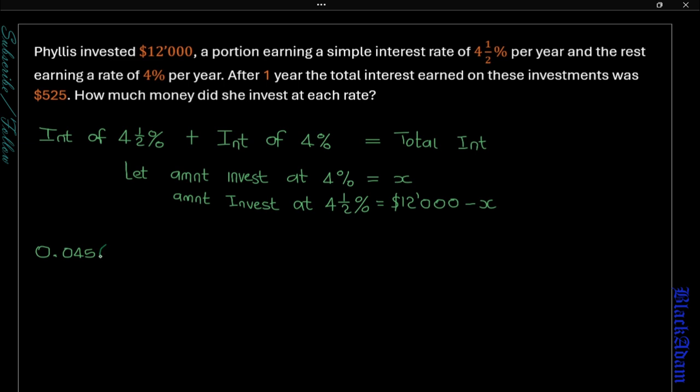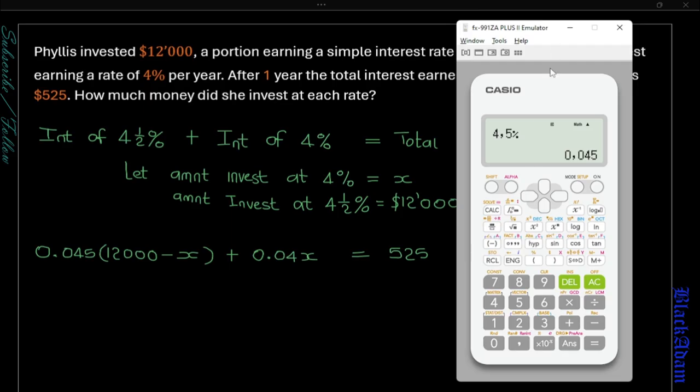So we have 0.045 multiplied by 12,000 minus x, plus 0.04 of x. That's the total interest, 525. Then we're done interpreting the words into variable conditions.